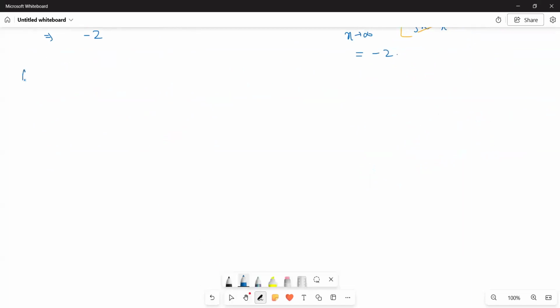So suppose we have this question: limit n tending to infinity, cos square of pi times the cube root of n cube plus n square plus 2n.